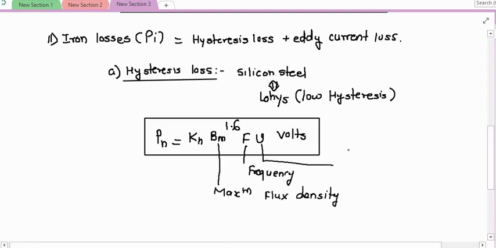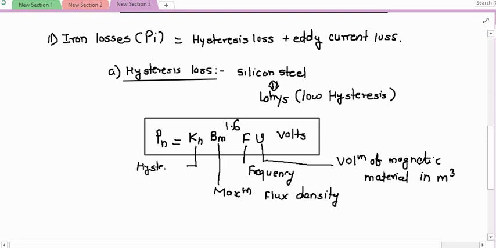Small v is the volume of the magnetic material in meter cube. And Kh is the hysteresis constant.